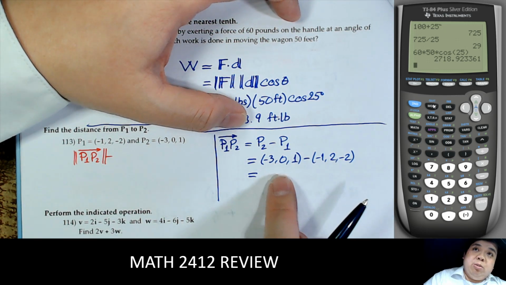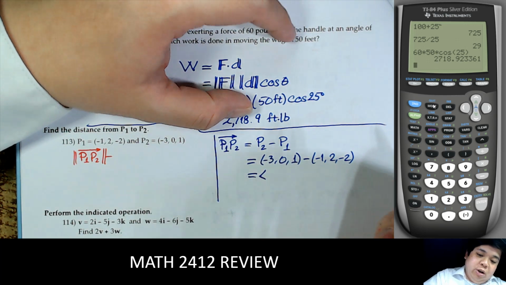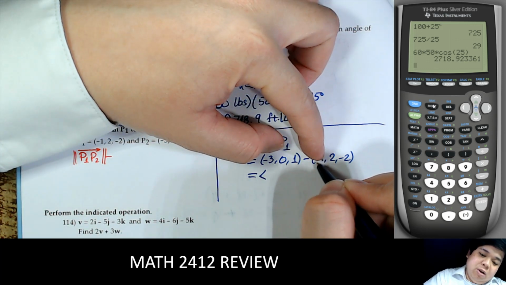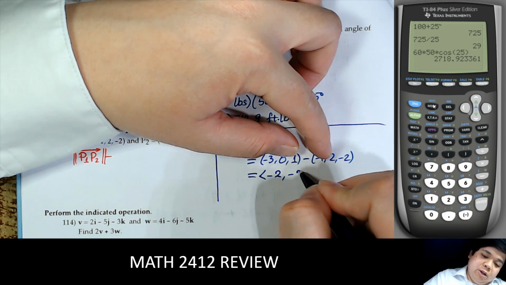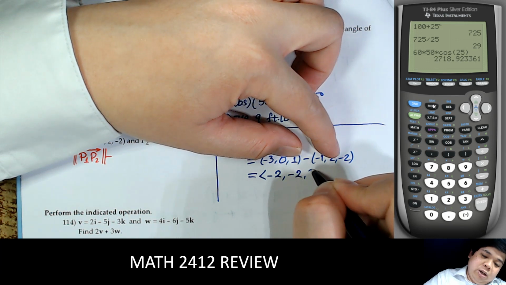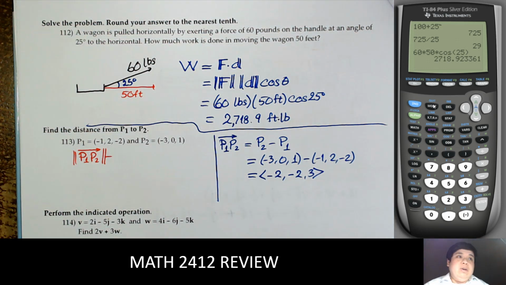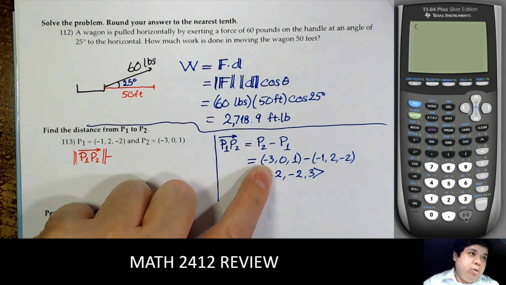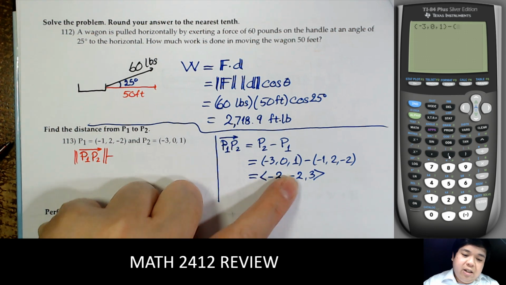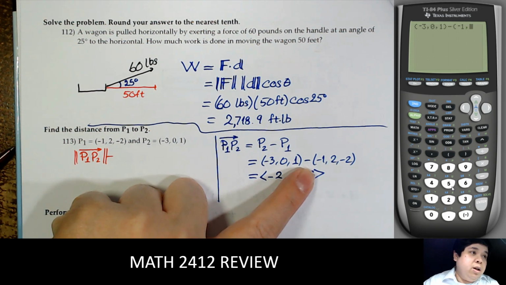Notice when we subtract, those are the points, and we will switch to the vector notation. Negative 3 minus negative 1, plus 1, so negative 2. 0 minus 2 is negative 2. 1 minus negative 2, so that is 3. If we use the calculator, we can use the list like this: a bracket of negative 3, 0, and 1, close, subtract another set of negative 1, 2, and negative 2.